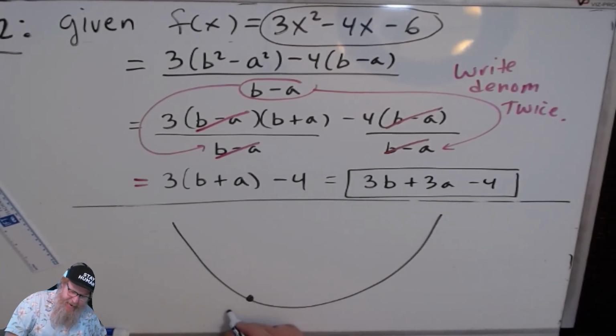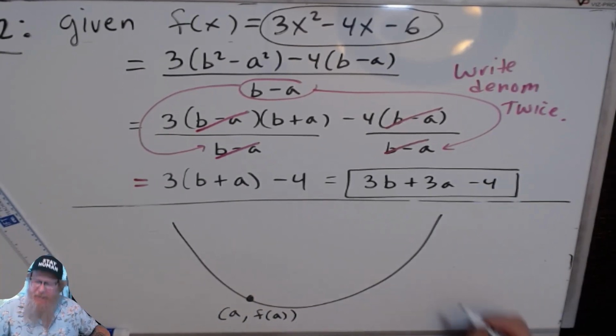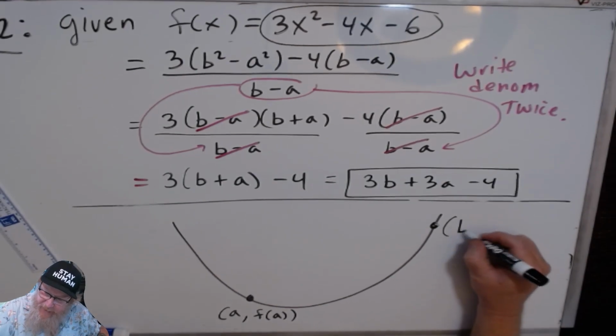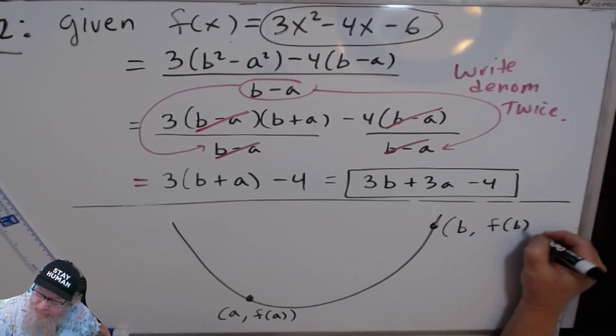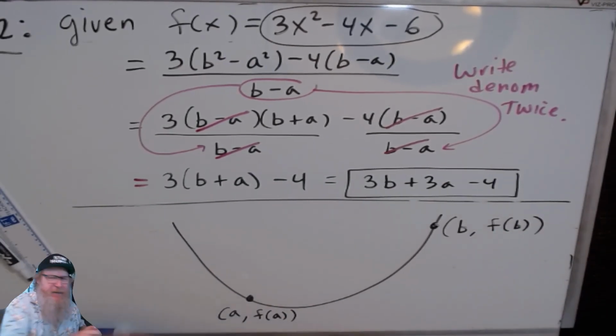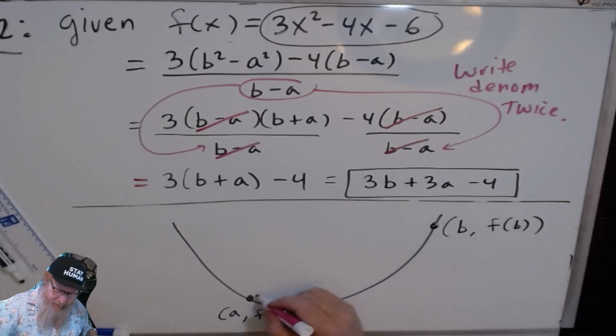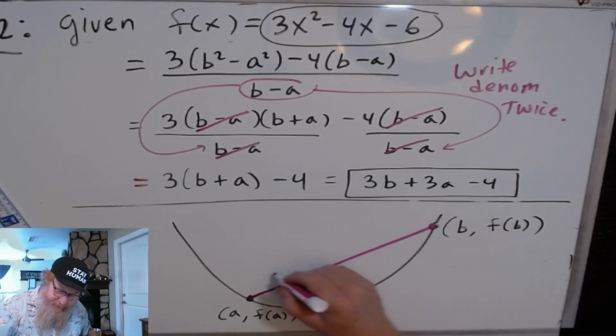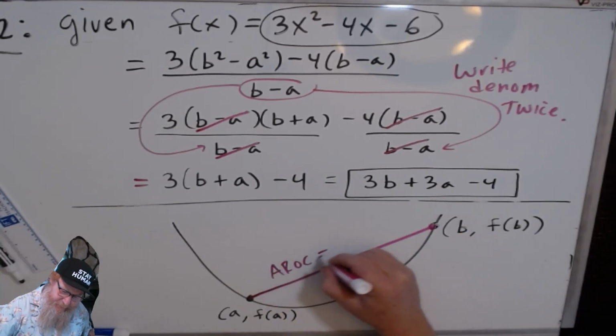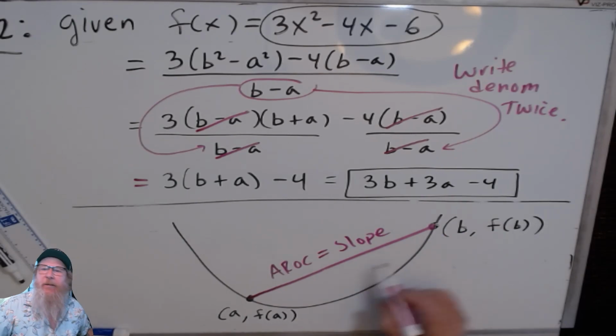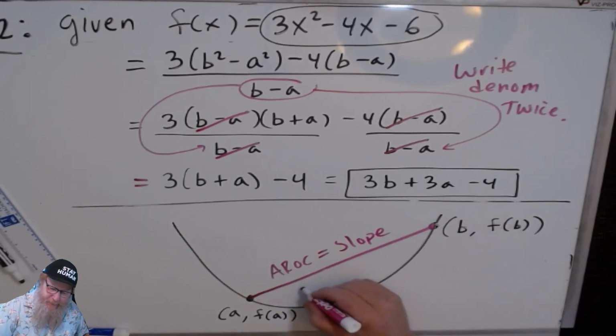This is the point a, f of a, and this is the point b, f of b. Remember how long it took me with the graph to go through every single possible pair of points. The AROC is the slope of this line, the slope of this secant line.